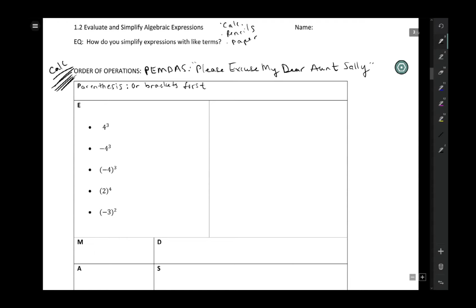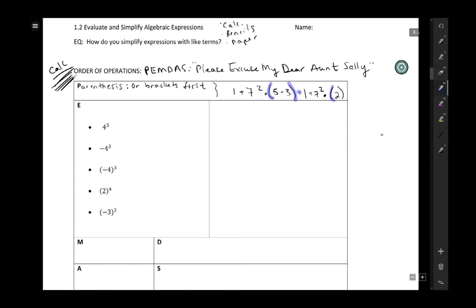So, if we have a large statement here, let's say we have 1 plus 7 squared times 5 minus 3. The first thing we would do would have to be the 5 minus 3. So 5 minus 3 would give me 2. Parentheses, first thing you're doing right there.